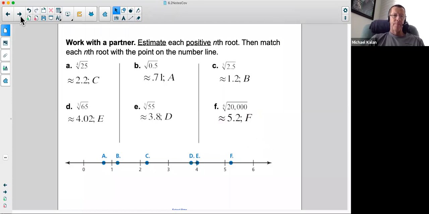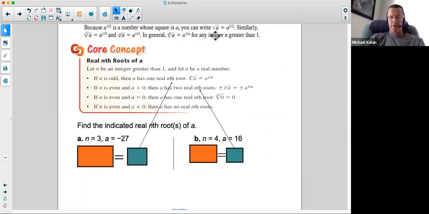Okay, all right. So let's jump into the first main core concept here. Because a to the 1/2 power, so the exponent 1/2, is a number whose square is a, you can write a to the 1/2 as equal to the square root of a. Similarly, the cube root of a is equal to a to the 1/3. And you would suspect then the 4th root of a, the quartic root as we call it, would be equal to a to the 1/4.